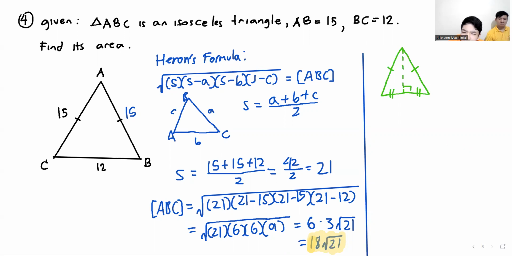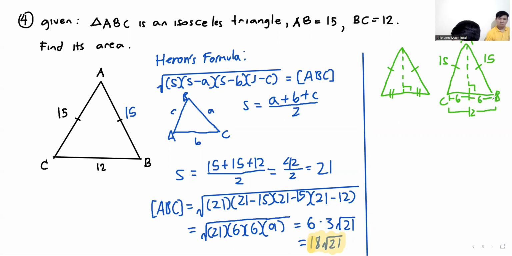Applying that, we have triangle ABC with equal sides 15 and 15. If we draw an altitude, the base is 12, so this will be 6 and this will be 6.